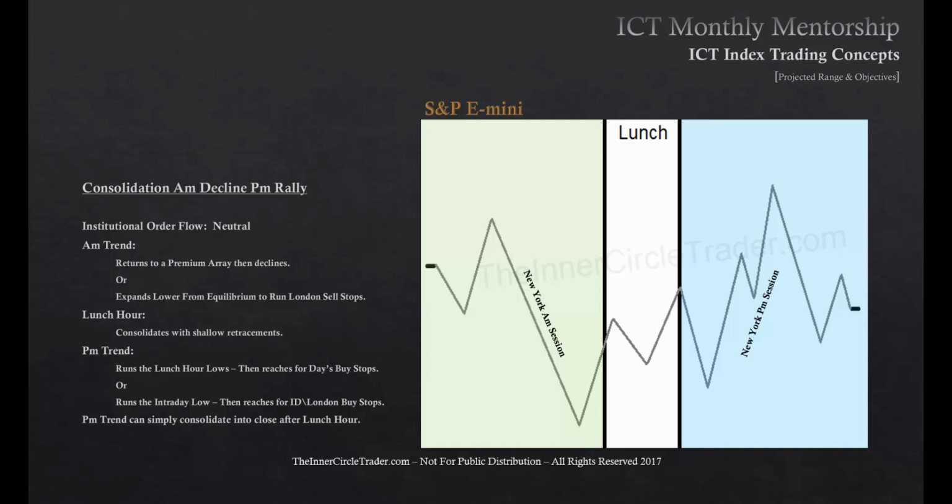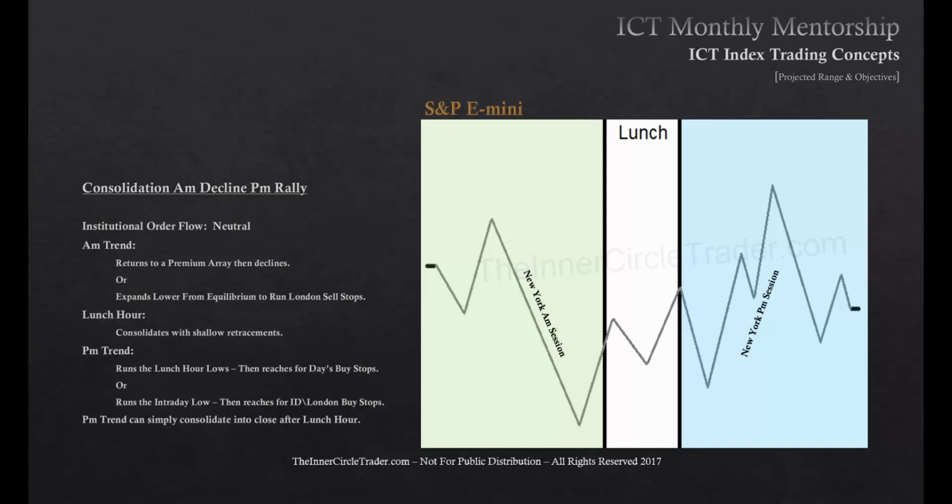When there's a strong directional bias behind the marketplace, or the underlying pinnings of the market suggest higher prices or lower prices, do not look for this particular scenario. Okay, this is not seek and destroy, it's simply consolidation. Now, in non-farm payroll, there is seek and destroy conditions in S&P, but generally this type of day will fulfill if there is a lack of trend and lack of news.